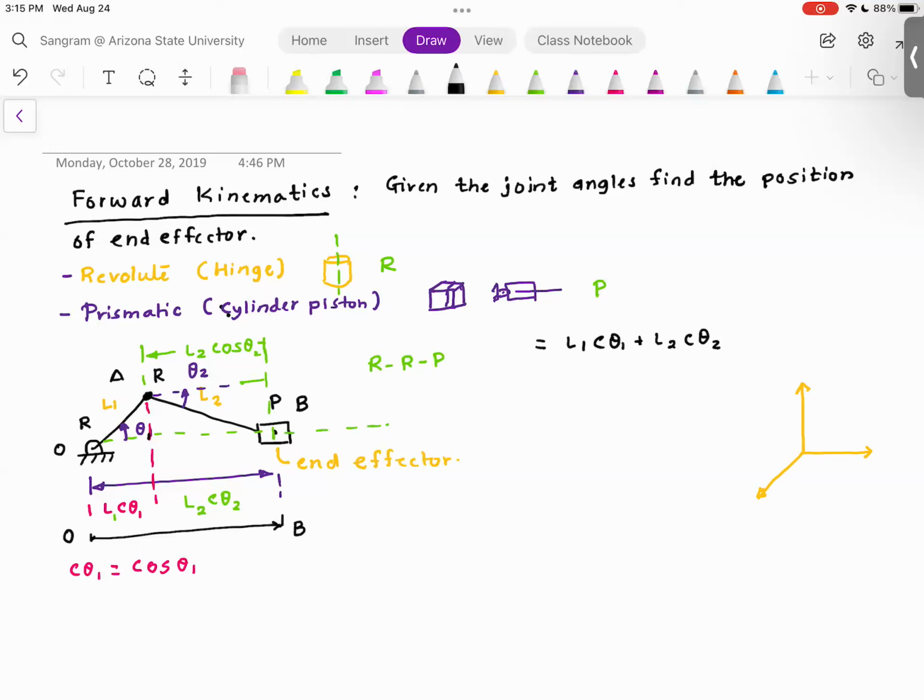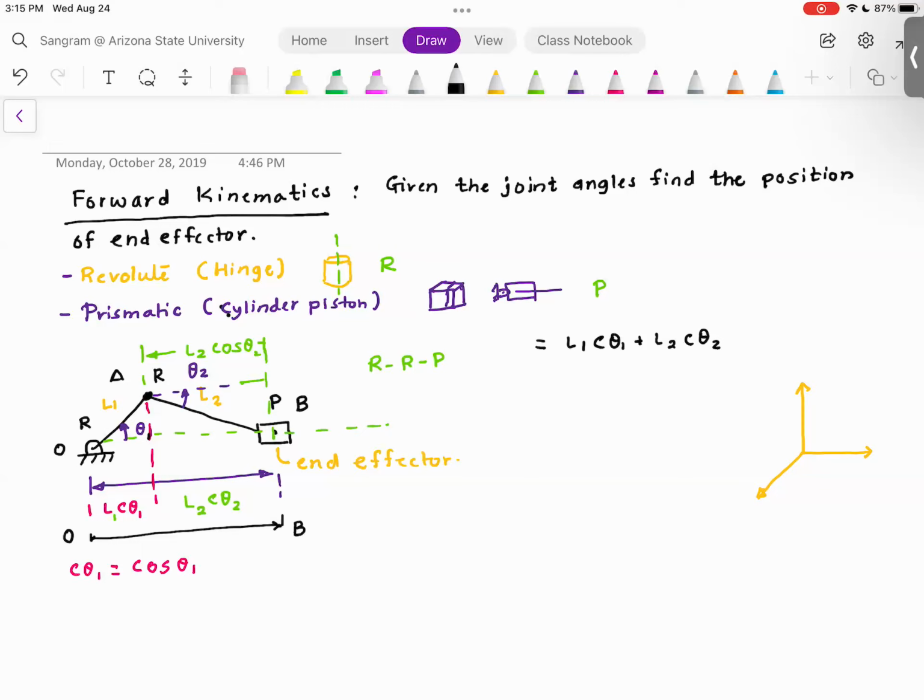But once you start looking at the spatial mechanisms, then the things are going to be complex. So remember this. This will save you a lot of headache later. So right hand is like make this shape. This is X, Y, and this is Z. So for an example, this is X, this is Y, and Z is coming out. Don't use left-hand coordinate system.